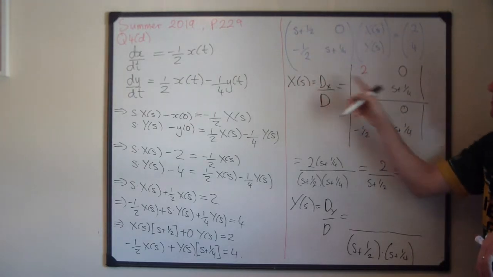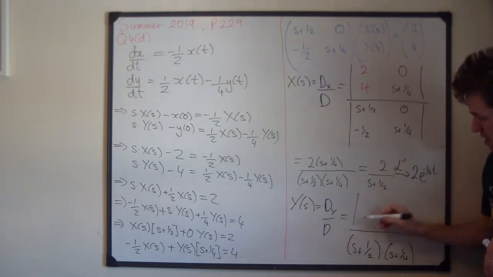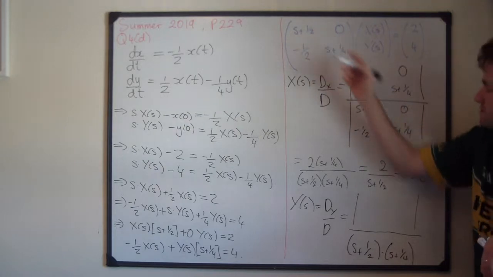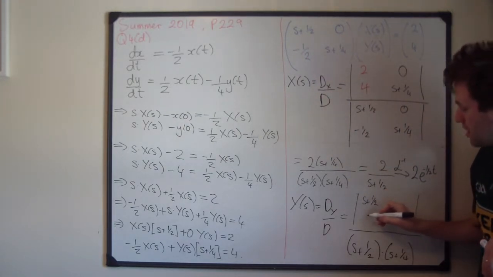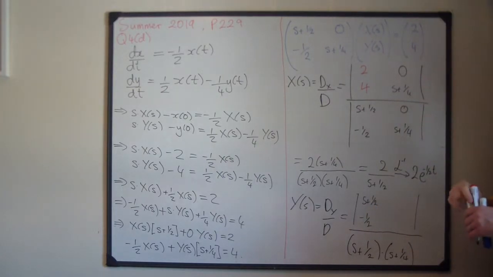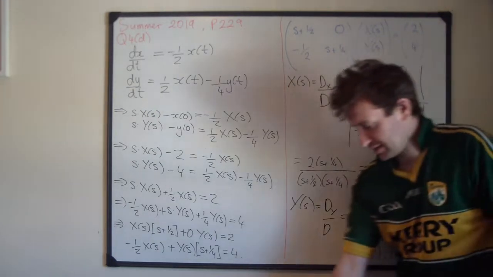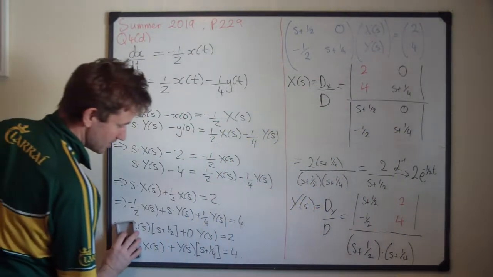It's the determinant of this, but instead of these things, you put these things. So I got s plus a half there, that stays there. Minus a half stays there. And then substitute in what are called the constants 2 and 4. So hopefully, if you get the harder question in your test, you remember your Cramer's rule from last semester.